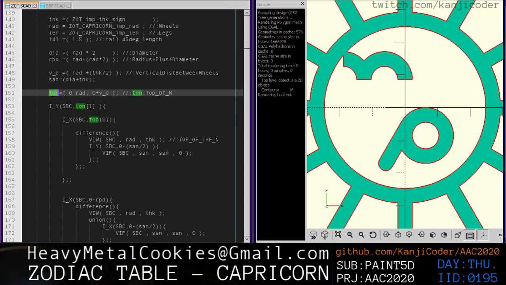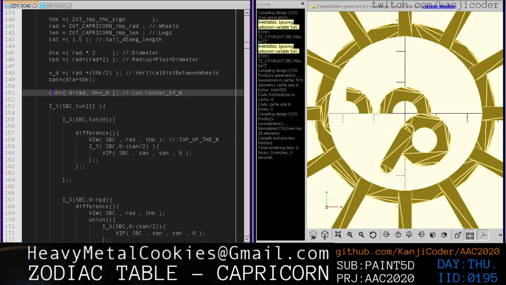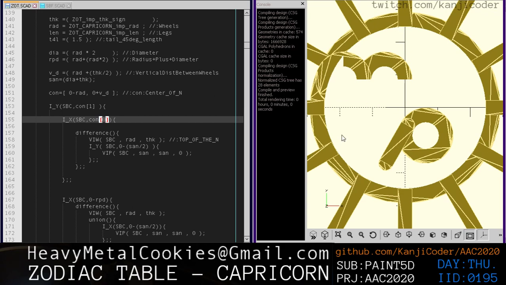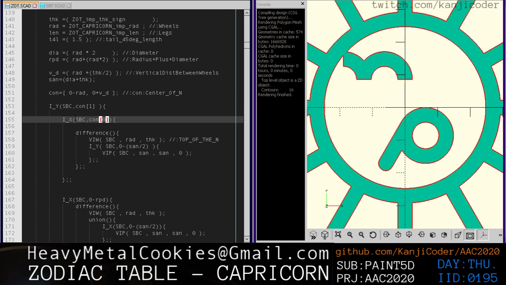And now we can use this variable to locate, actually this is not the top of the N, this is center of it. This is the center of the N, right? My bad. So center of n, right? And so this isn't going to work because we mangled our parameters, but I just wanted to see that it did have an effect, right? So F4. So yeah, that was the center of the n, right? Because we're translating this.